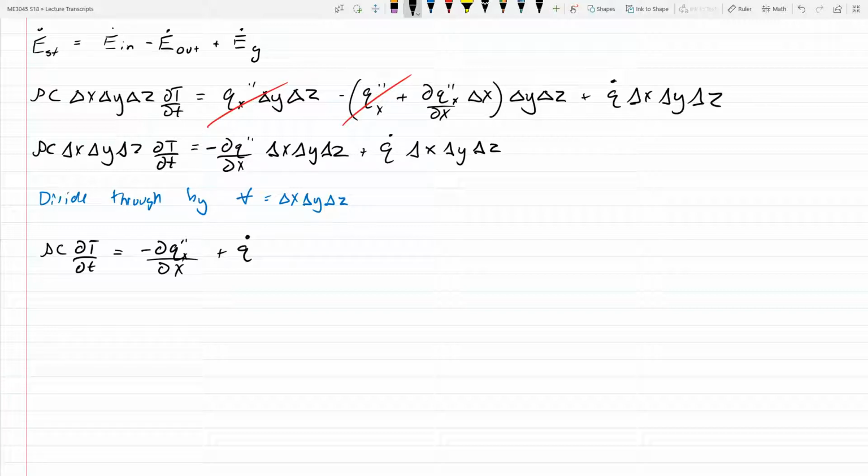We've got a T here, right? Temperature. This is the language we want to speak. We have a heat flux here. We also have this thing called Fourier's law that we can use to relate these two to one another.